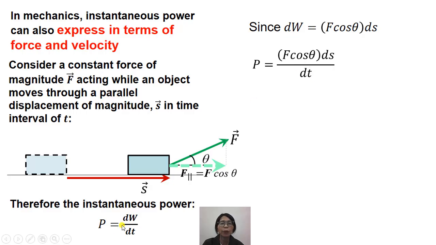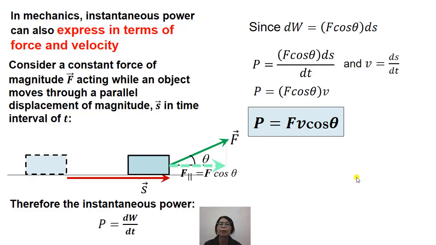Put it into the equation, then we know that ds over dt, the rate of change of displacement with time, is referred to as velocity. So we can simplify the equation to P equals F cos theta multiplied by V. Rearranged, P is FV cos theta. So the instantaneous power can be calculated by taking the magnitude of the force multiplied with the magnitude of the velocity and multiplied with the cosine of the angle between the force vector and the velocity vector.